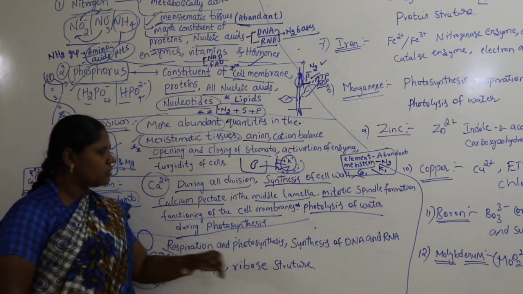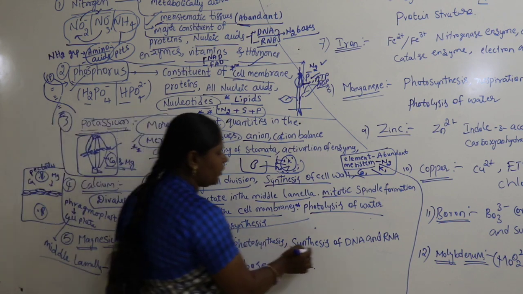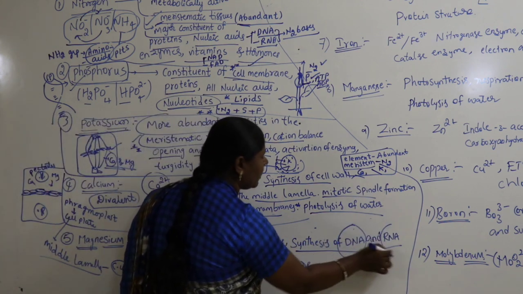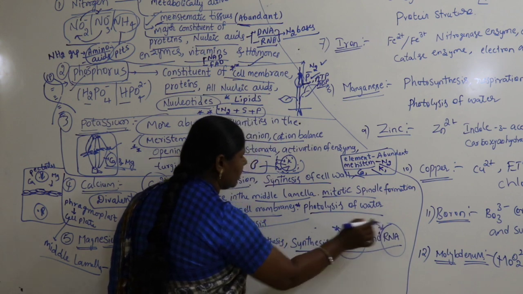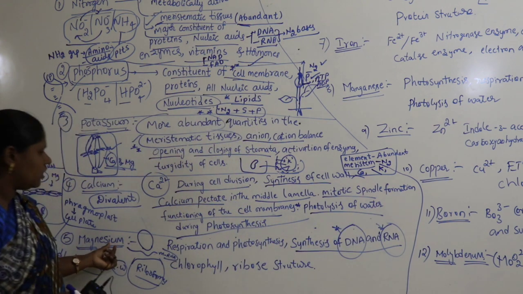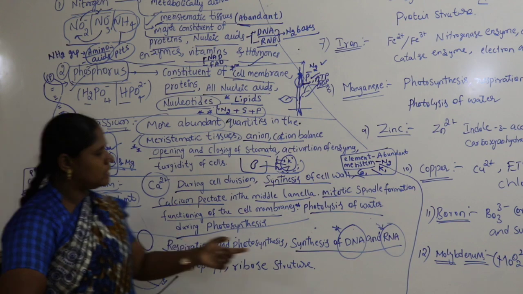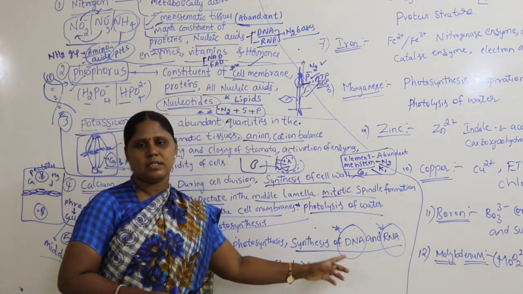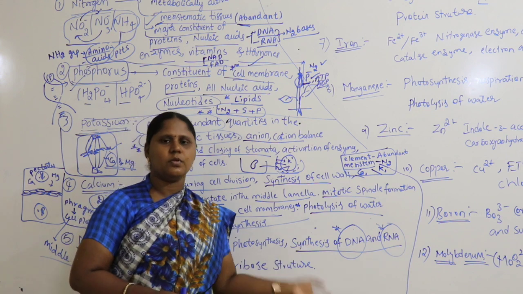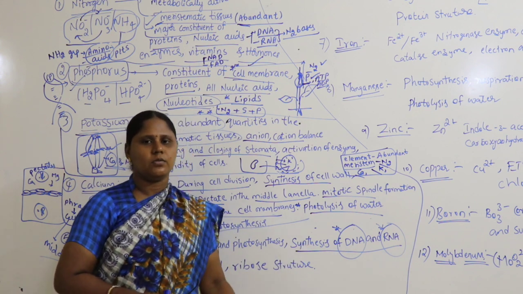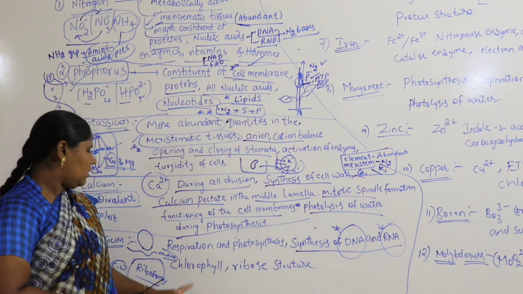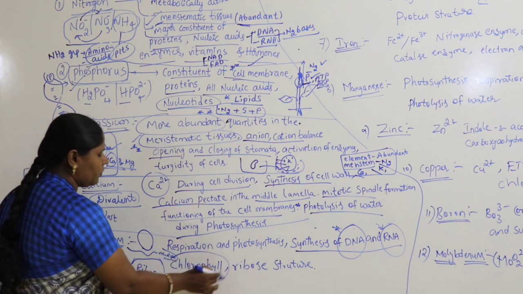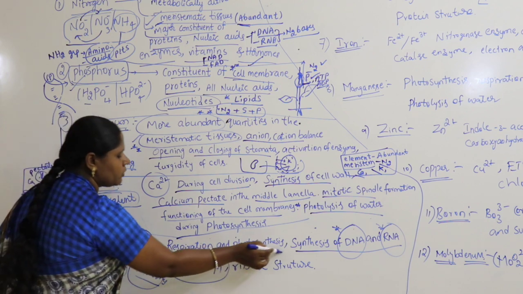So apart from respiration and photosynthesis, it also plays an important role in DNA and RNA. That's also very important. You know that magnesium is involved in the synthesis of nitrogen bases: adenine, guanine, cytosine and thymine. Both nucleic acids are composed of nitrogen bases, and it is also involved in the synthesis of chlorophyll, which plays an important role in photosynthesis.